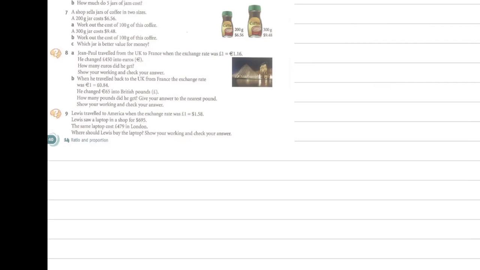Jean-Paul traveled from the UK to France when the exchange rate was £1 equals 1.16 euros. He changed £450 into euros. How many euros did he get? So question 8A, £1 is 1.16 euros. This is pounds, this is euros. So if it's 450, you just need to multiply by 450.